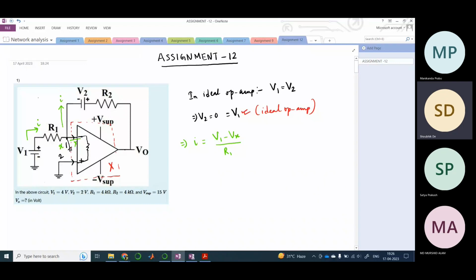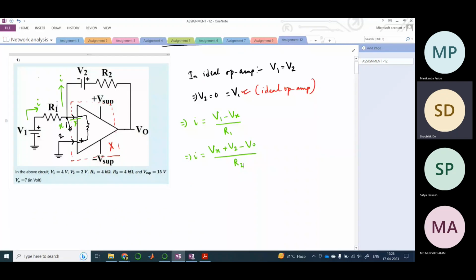And the current flowing through this feedback path to the output is also nothing but Vx plus V2 minus V0 by R2. Since the current is not entering into this path, we can directly equate these two.